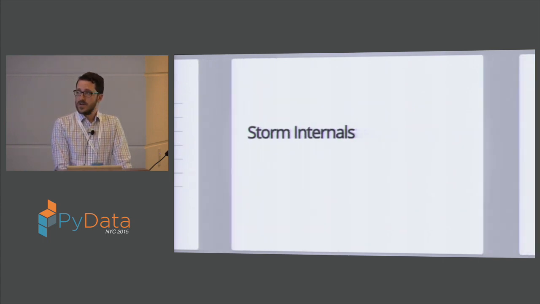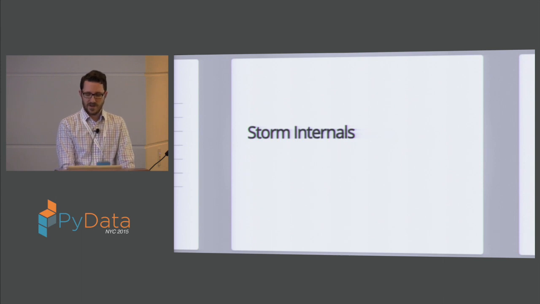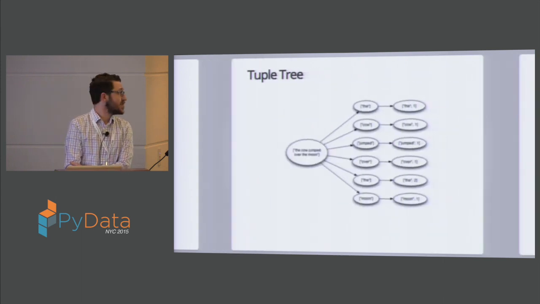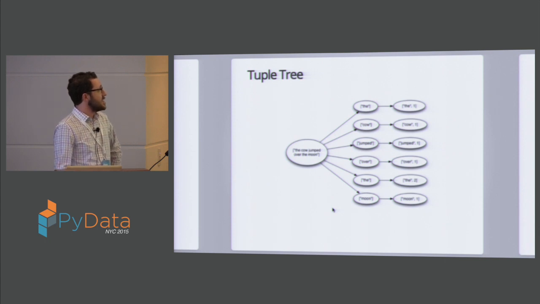To briefly talk about how Storm performs its magic, there's this thing called the tuple tree, and that's a little blurry, unfortunately. The way it makes sure that everything is reliable is that every time a tuple is emitted through the topology, each component along the way is supposed to send a special message, an ACK message, back to Storm.